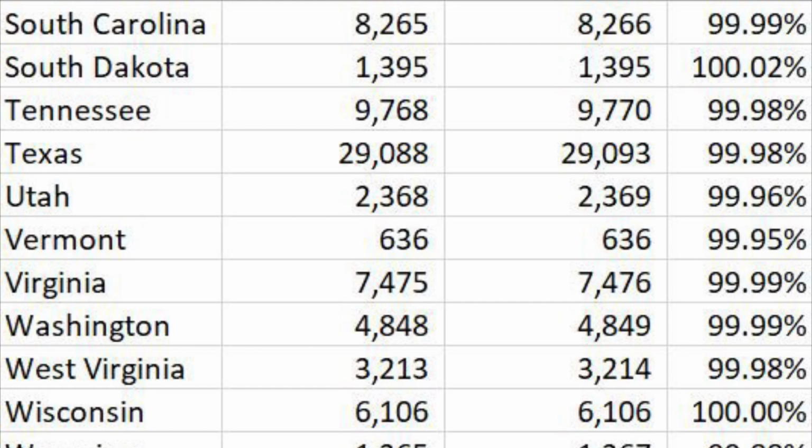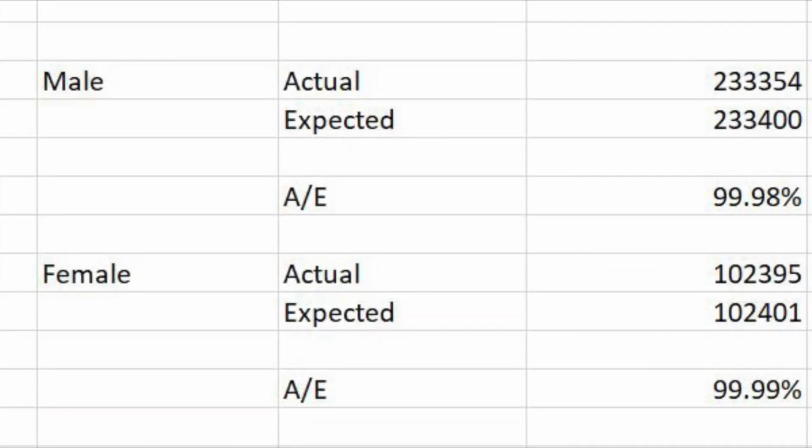Next, we cross-validated for sex. For males, it was 233,354 actual and 233,400 expected, with an actual over expected ratio of 99.98%. For females, it was 102,395 actual and 102,401 expected, with an actual over expected ratio of 99.99%.